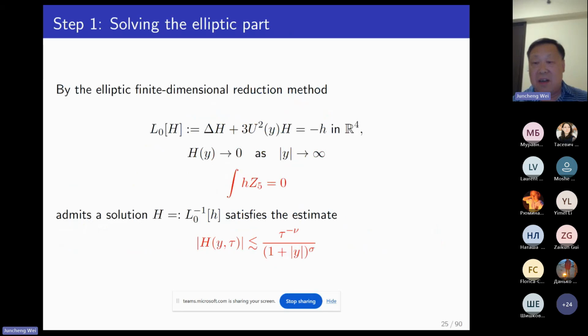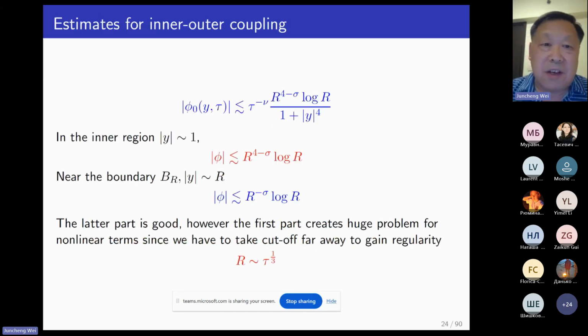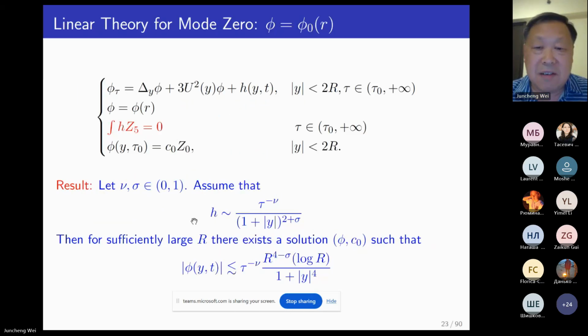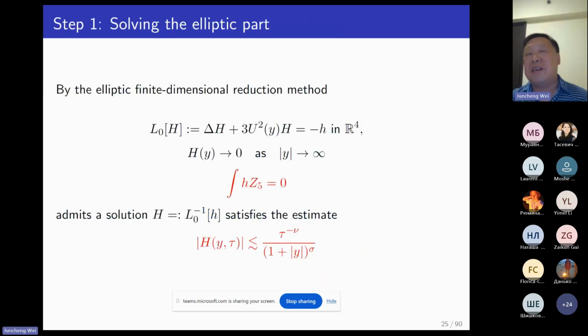Okay, so let me now show you how we prove this result. We don't impose any condition on phi. We don't assume phi is orthogonal to Z5 because this does not make sense, since it's not L2.